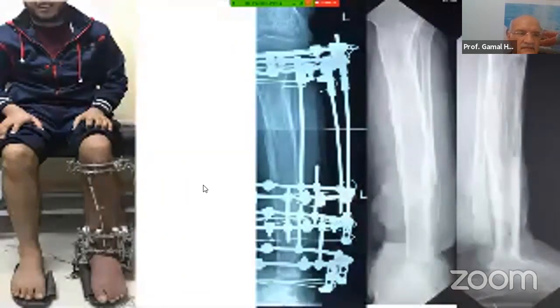You see here, you can reach a significant amount of lengthening. I don't believe in the 20% rule, which the Europeans and the Americans created, depending upon experimental studies. This is not true. So you have complete union here and 22 centimeters of lengthening. And you see the length on both sides.